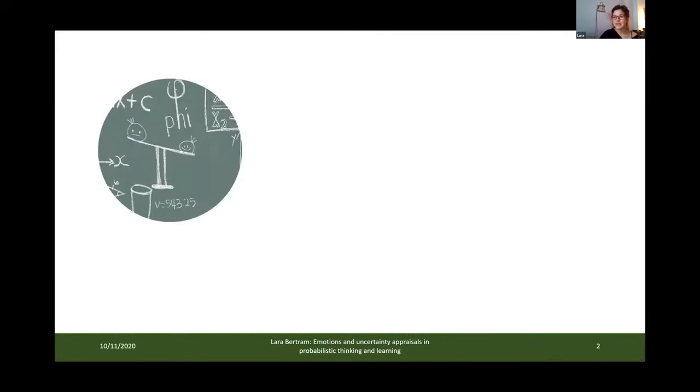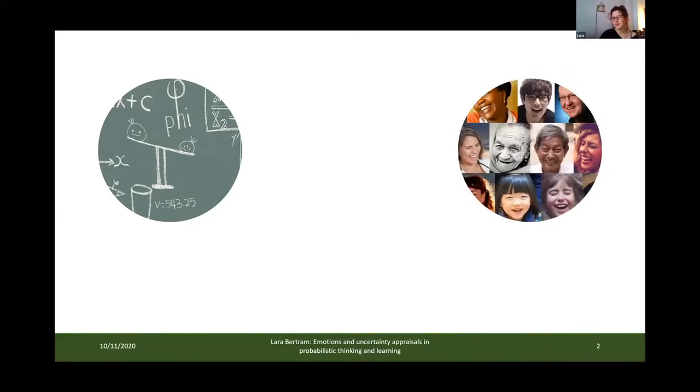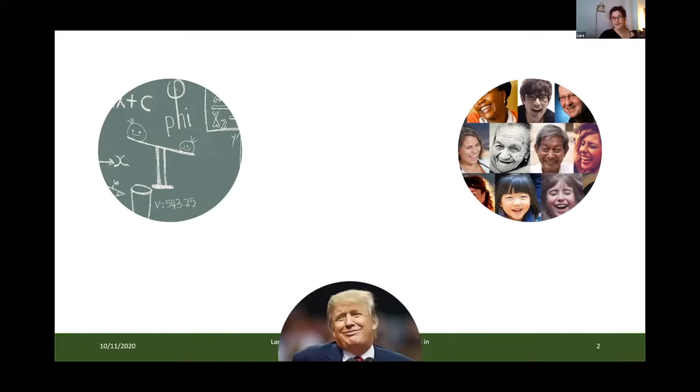So just something maybe from everyday life. We are all surrounded by probabilities. We all have to deal with probabilities when we make decisions, and we're all human beings. And as human beings, we're all a little bit different. We may share some general features, our cognitive systems maybe to a large extent similar when we process information, but there are also differences, and maybe these differences are psychologically interesting.